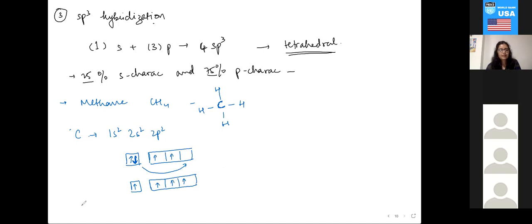And after hybridization, you will have 4 equivalent sp3 hybrid orbitals, all 4 in a perfectly symmetrical tetrahedral shape.